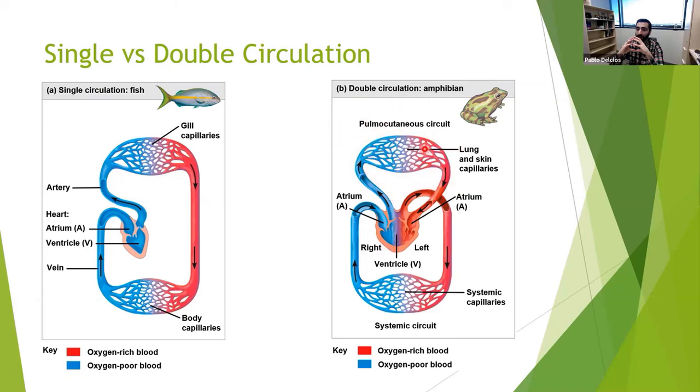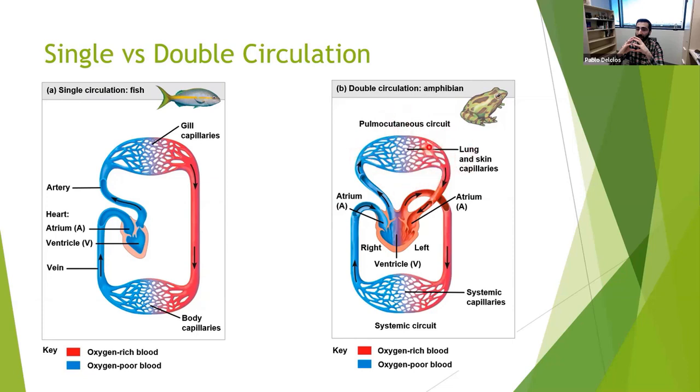Oxygen-poor blood becomes oxygen-rich. In amphibians, it's called pulmocutaneous because pulmon comes from lung and cutaneous comes from the skin. They can actually get oxygen from both their skin and their lungs. So that's where that term comes from. But oxygen fills the blood.